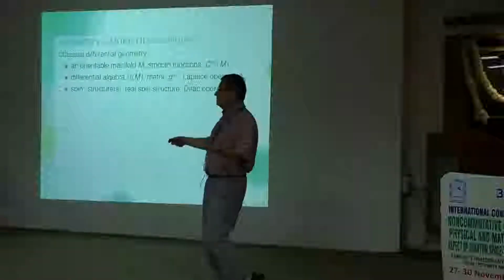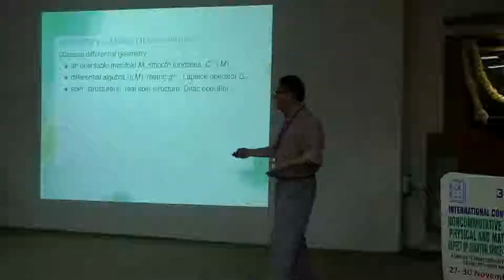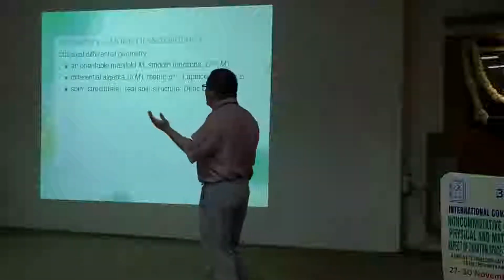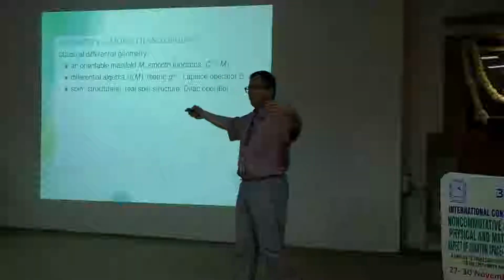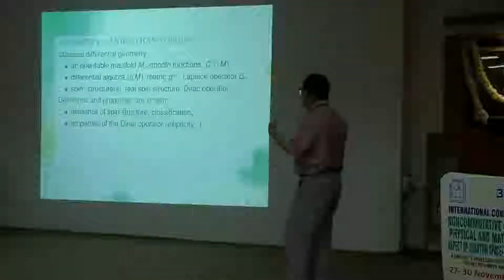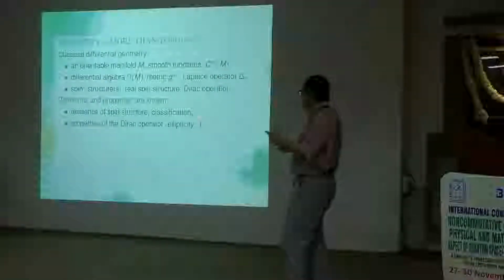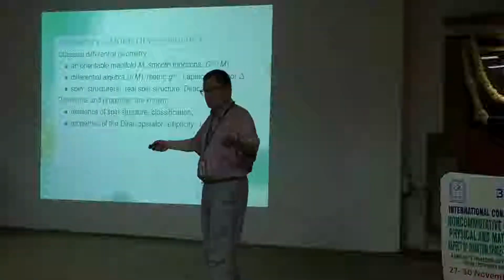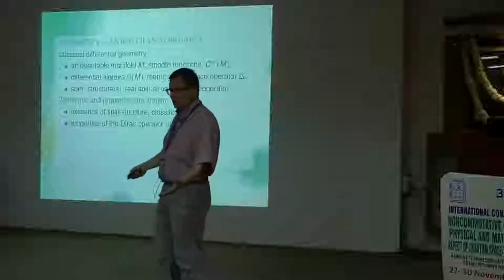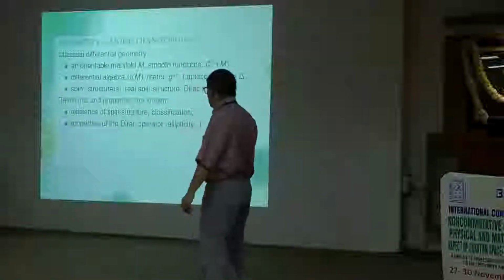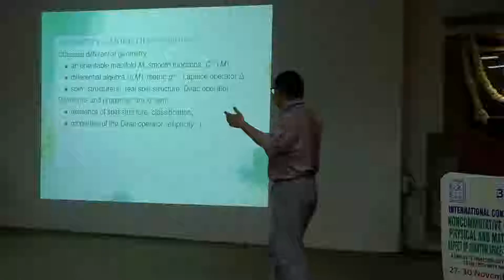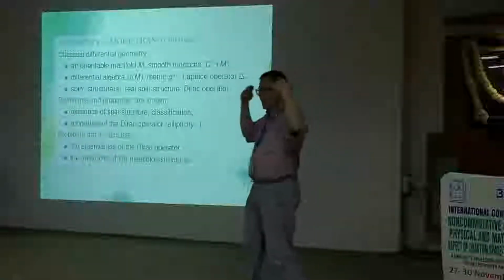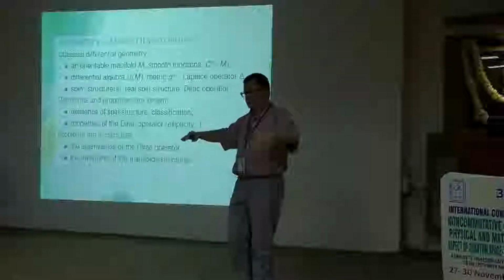Then you can define a metric, the Laplace operator, everything: spin structures, spin^c structures, and the Dirac operator in the end. This is the classical path that we know. Once you do it, you can study, for instance, the existence of spin structures, the classification of all spin structures for a given manifold, the properties of the Dirac operator, everything that comes to your mind.